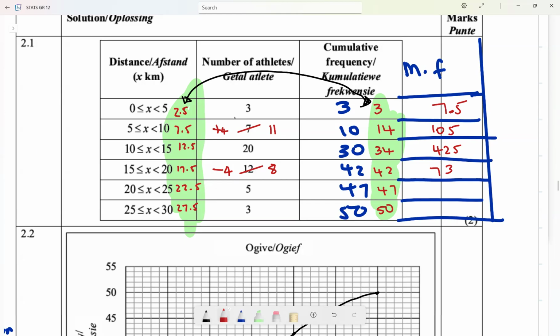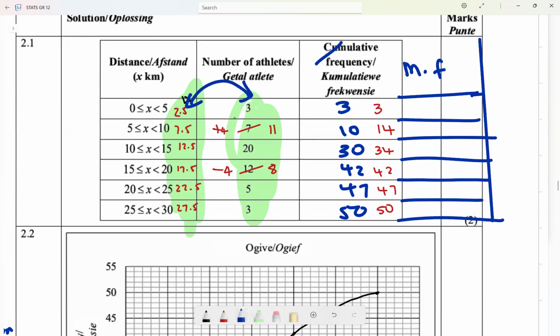It's midpoint multiplied by frequency, not a cumulative frequency. So sorry guys about that confusion. We only use cumulative frequency to draw a graph. Okay, yes. Then I repeat again.